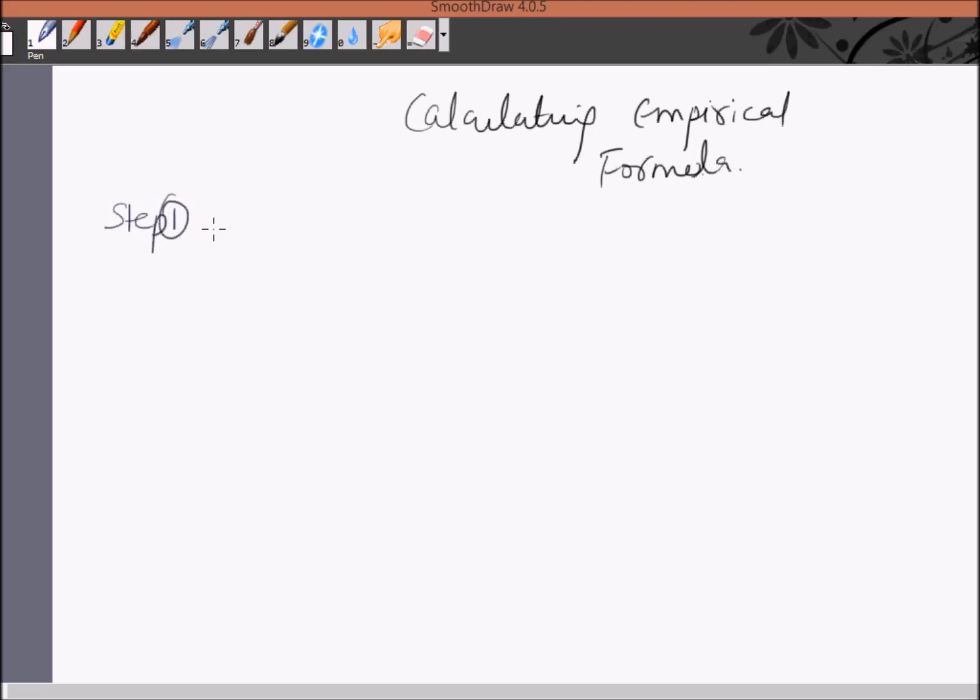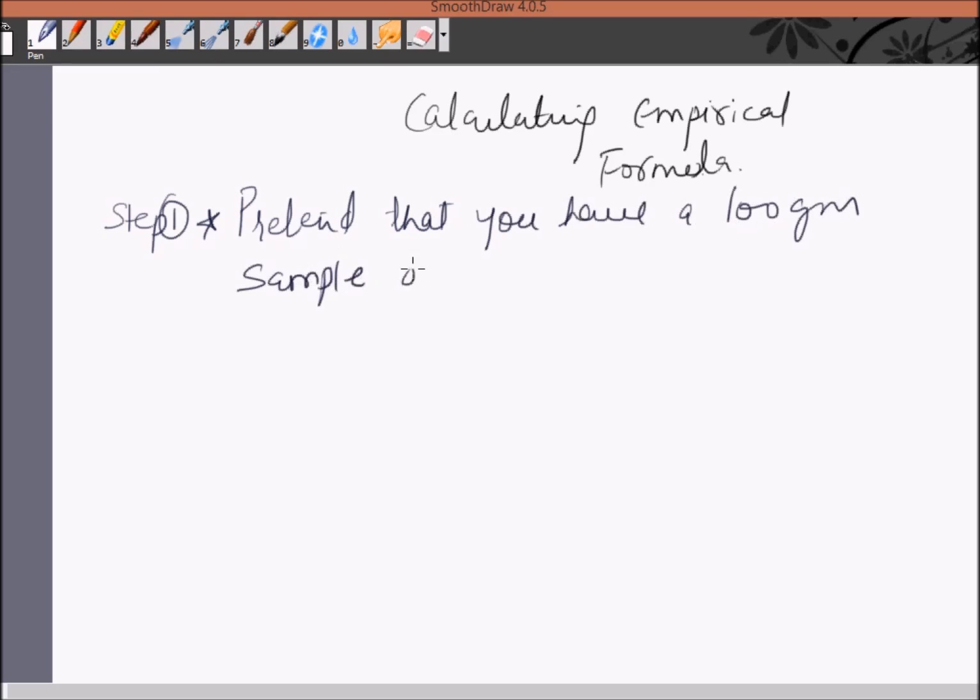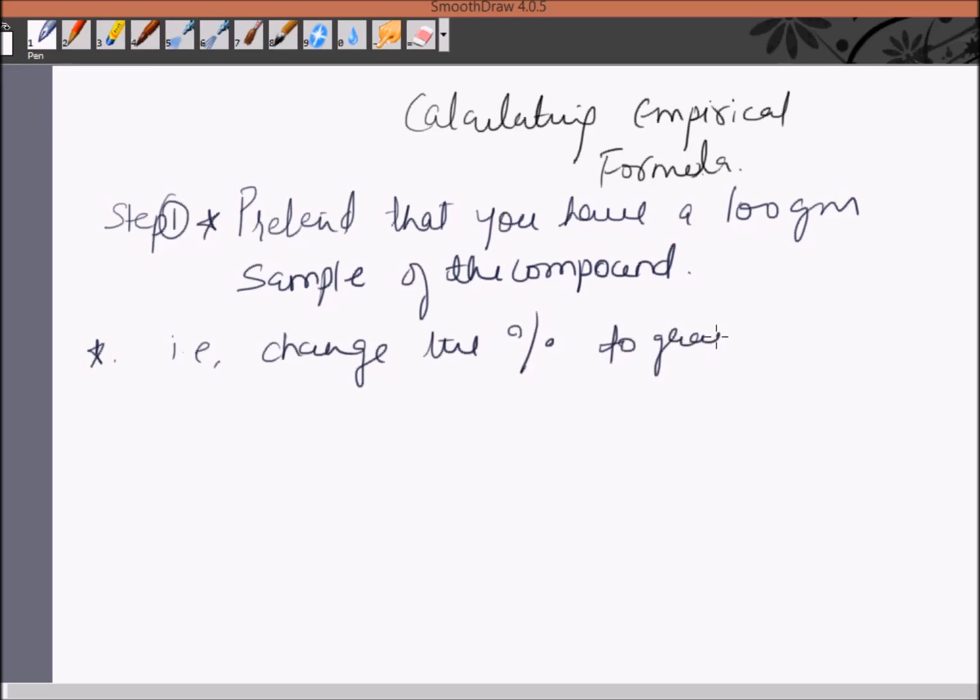Step 1: first, pretend that you have a 100 gram sample of the compound, right? Second, then we have to change the percentage amount to grams.